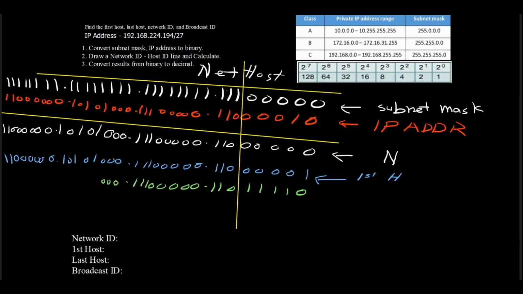So 3 zeros here, 1 0, 1 0, 1 0, and this is a dot here, so 0 0, 3 6 1 1. So this is my last host.